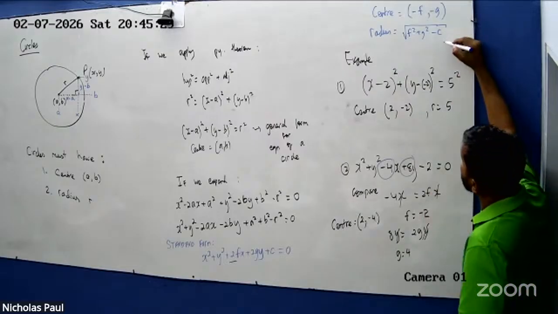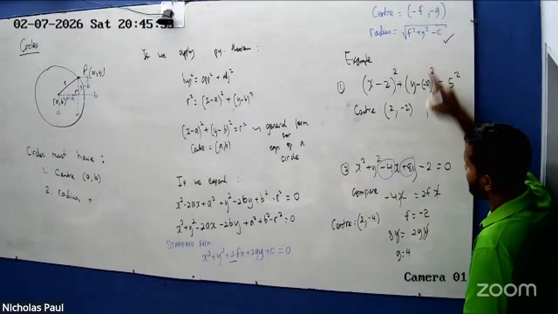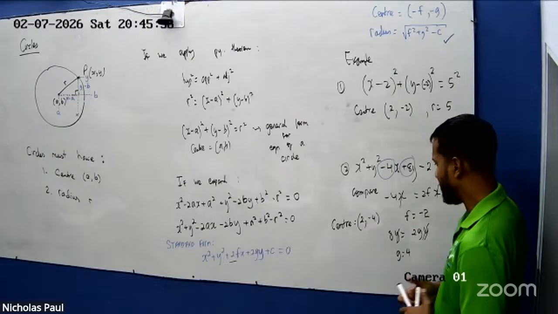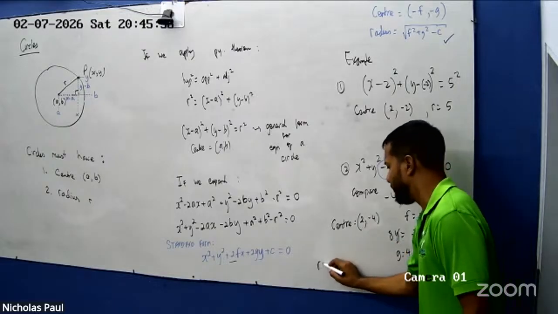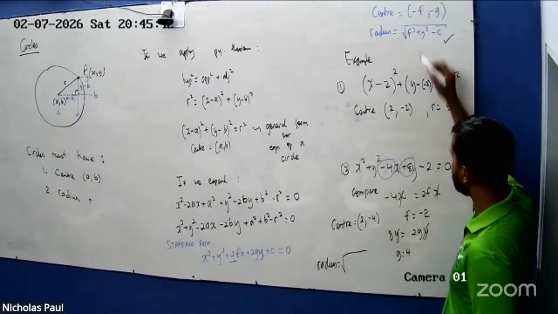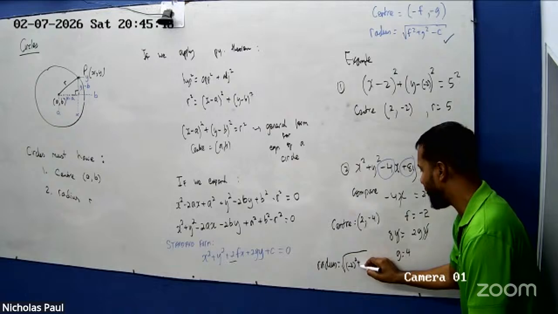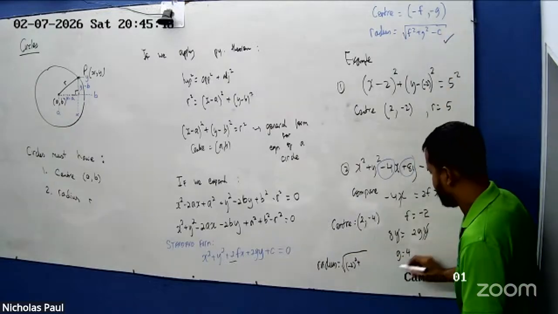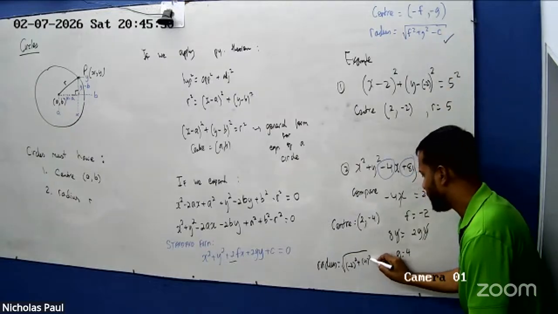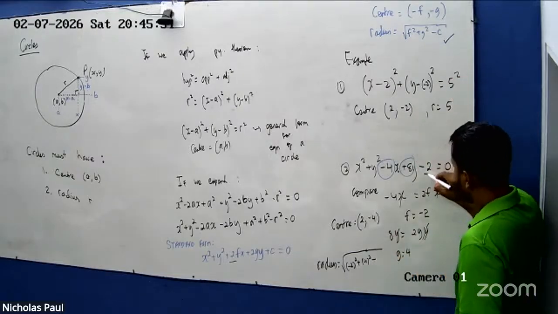And how do I find radius? To find radius, I need F, G, and C. So to find radius, I need F squared. F was -2, so I write -2 squared. G squared, G was 4. And a minus C. Well, C is here.